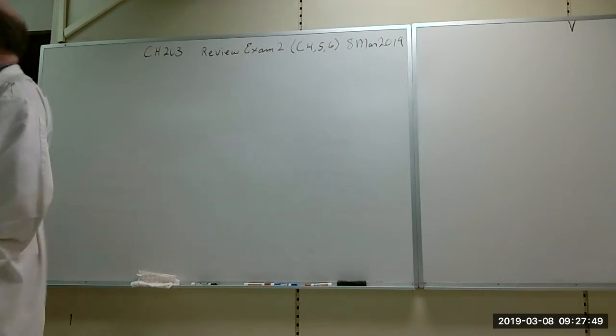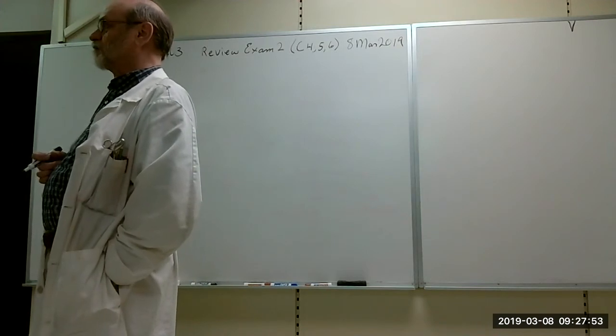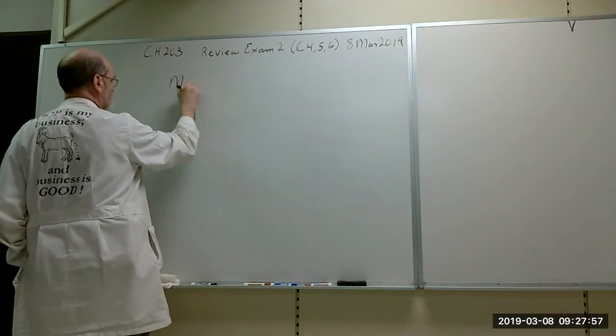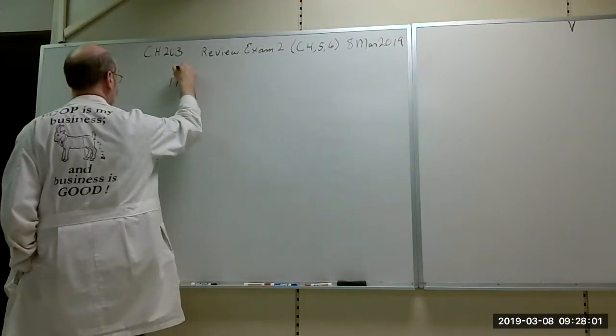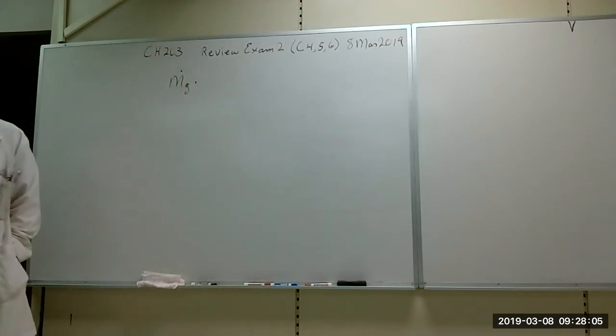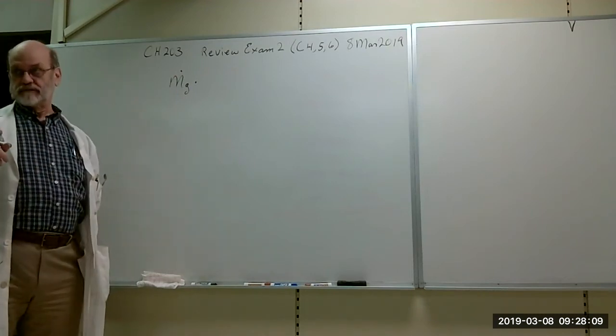Okay? So if we take magnesium, it comes from the second group, so it's going to have 2 valence electrons. That's it. Now that's magnesium when it's neutral.